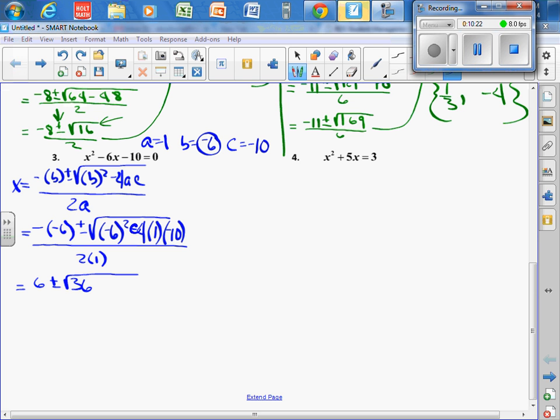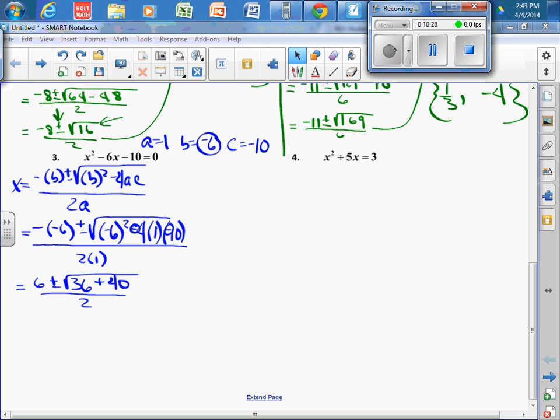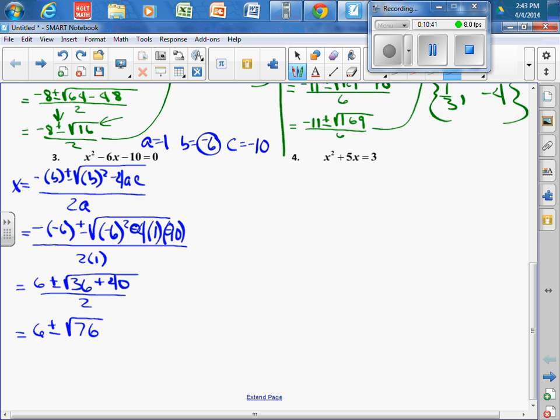That double negative here makes that +40 all over 2. All right, so here we're going to have to be a little bit careful about how we solve this problem. Depends on which calculator you have. Now, adding the 36 and the 40, you get 76.